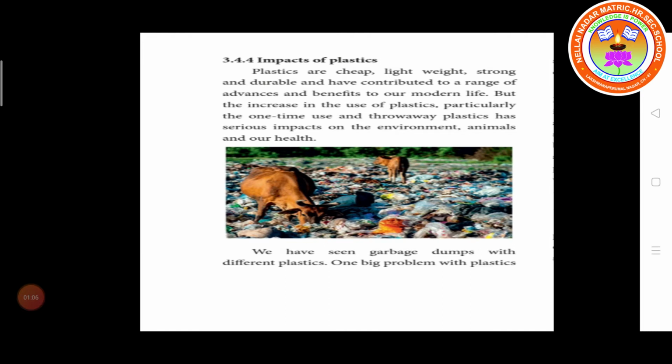Because mostly we are using one-time use plastics or throwaway plastics, it affects our environment, animals and human health. So we have seen garbage dumps with different plastics.